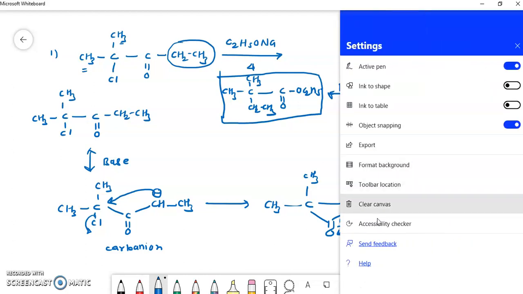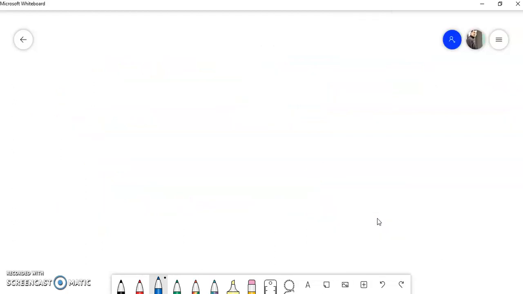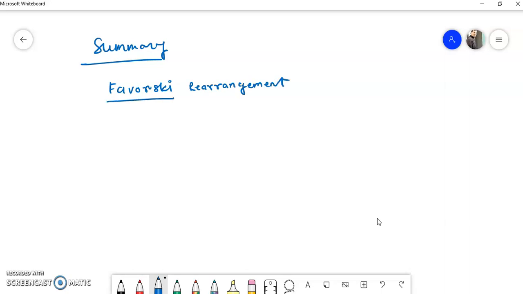So in summary, I will explain what we have seen today. Today we have seen the Favorsky rearrangement. The Favorsky rearrangement reaction was discovered by this scientist Favorsky. So to honor him, the name is given to this rearrangement.